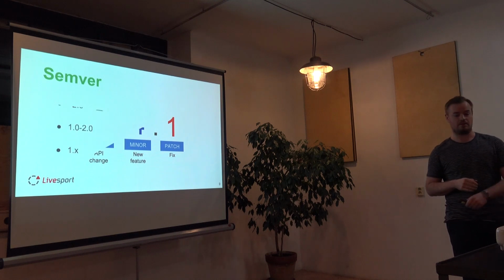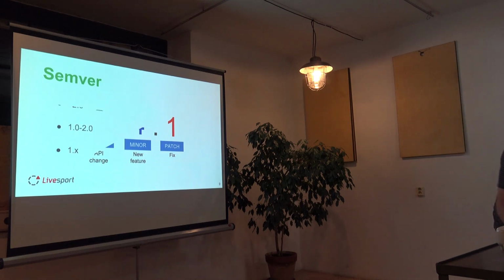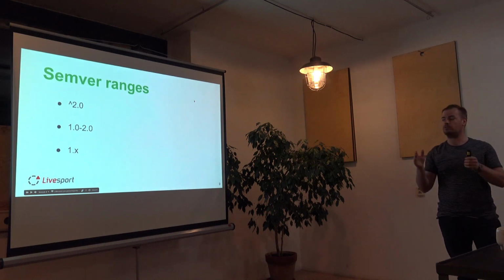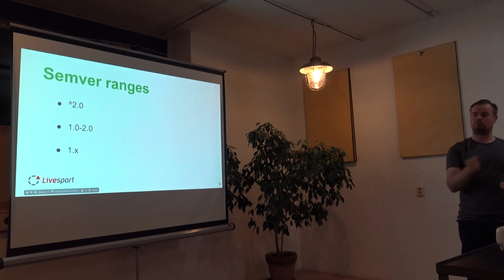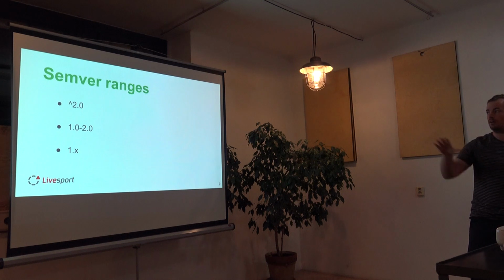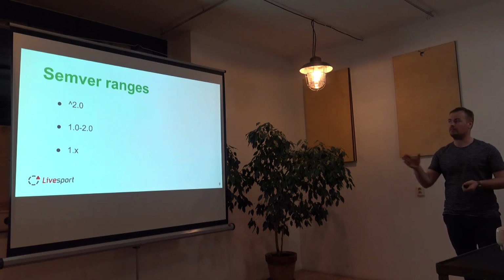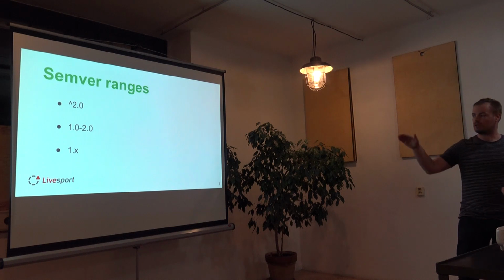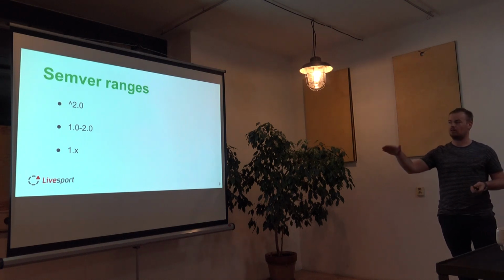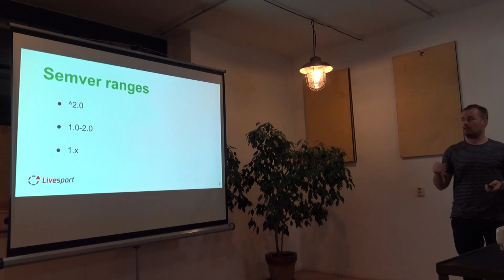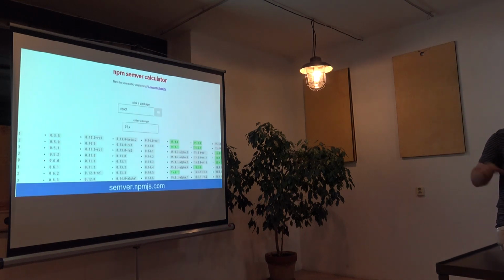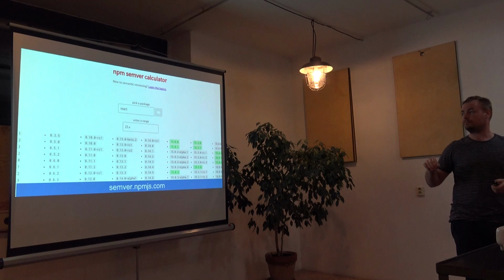Now, why am I saying this? There are several ways to install NPM packages and to tell which versions to install. These are all valid semver ranges. The first tool I want to show today is semver.npmjs.com.